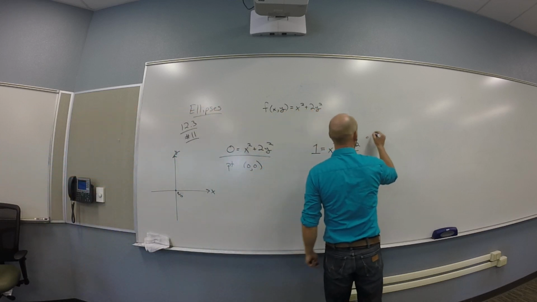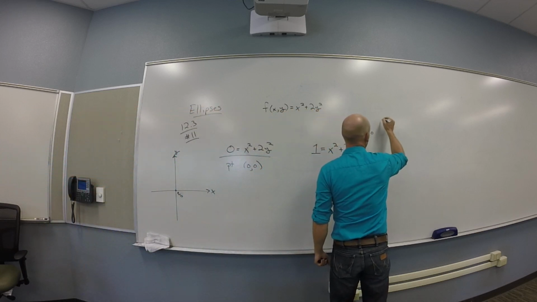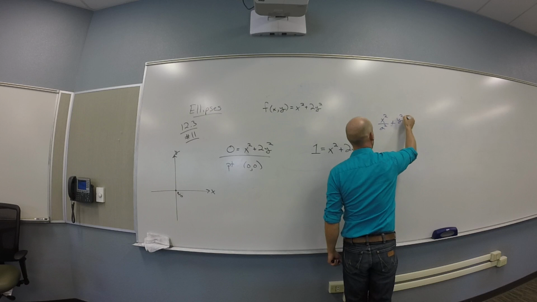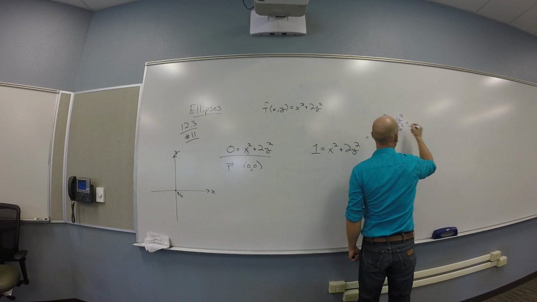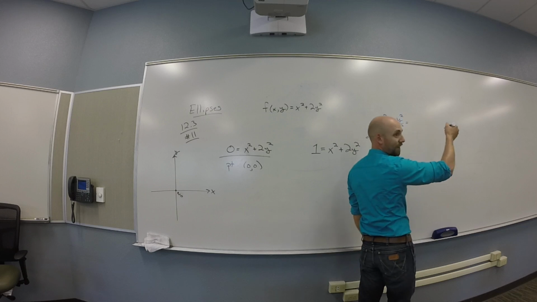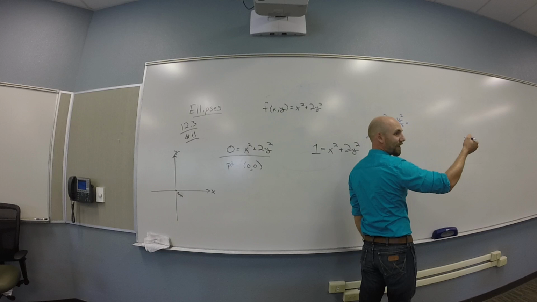So I'm thinking to myself, this is x squared over a squared plus y squared over b squared equals, what's on the other side? Yeah, ellipses don't have a radius, right?